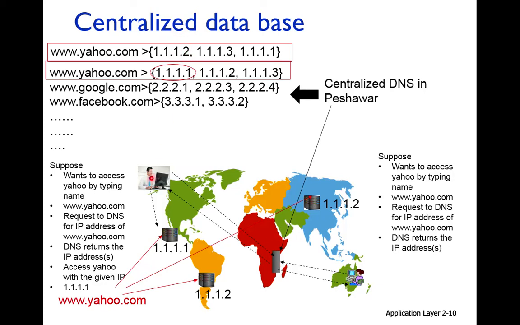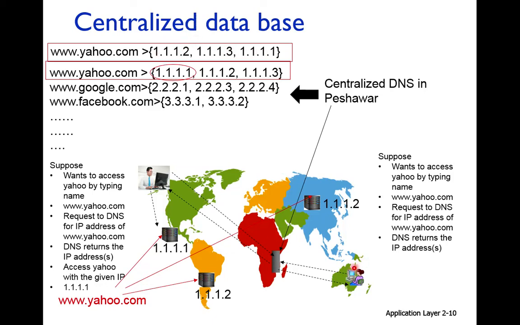When the first user accessed yahoo.com, 1.1.1 was on the top, so this user used the 1.1.1 IP address to access. Now when this user requests, she gets the list 1.1.2, 1.1.3, 1.1.1. In this case, 1.1.2 is on the top.